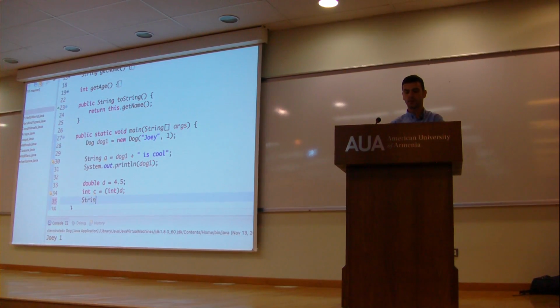So you can literally do this: String d = c + "". What this will do is turn this into a string in order to concatenate with an empty string, and then what you get is a string. It's a quick, simple way to turn something into a string. There are other ways to do this, by the way, but this is the easiest way.